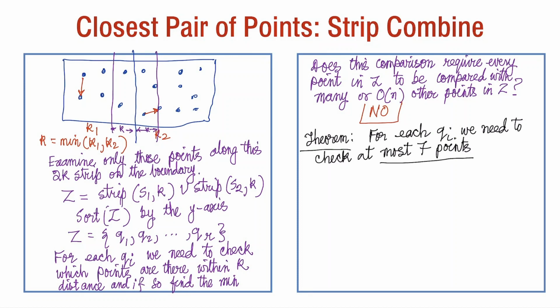At least a constant number of points, which means this comes from a very neat geometric argument that from one point, if this is the point, then we need to check only between these two rectangles on the left and the right, which are of size k by k.